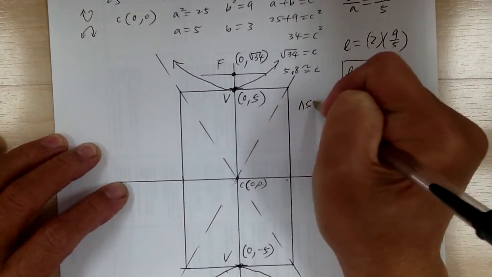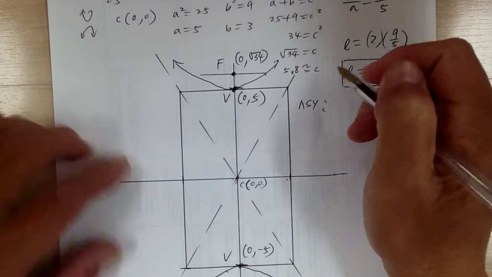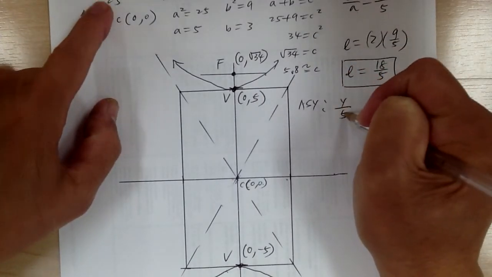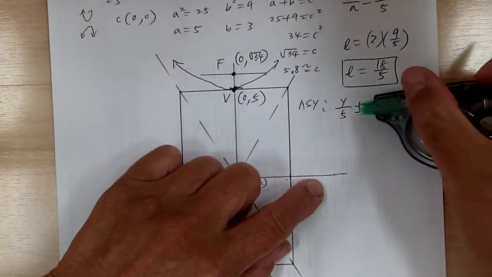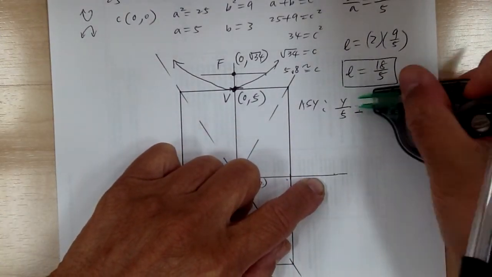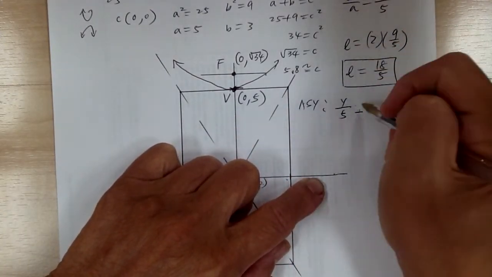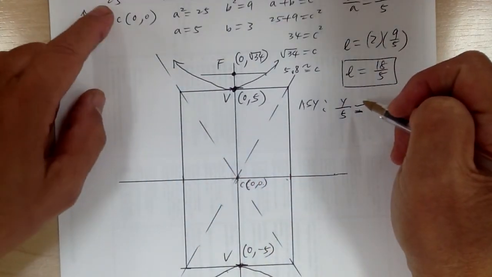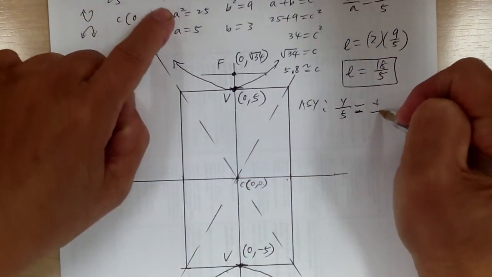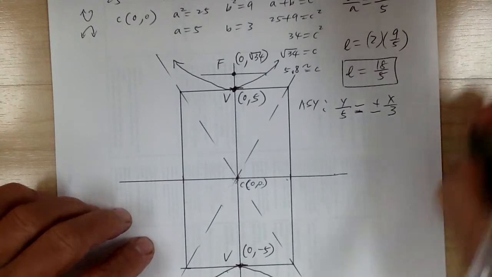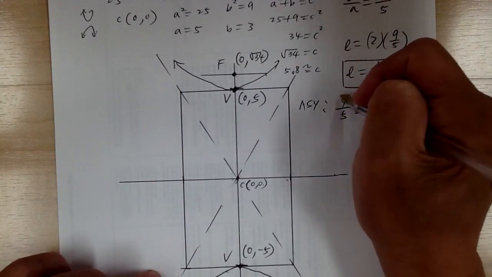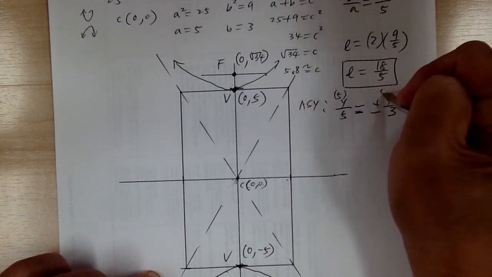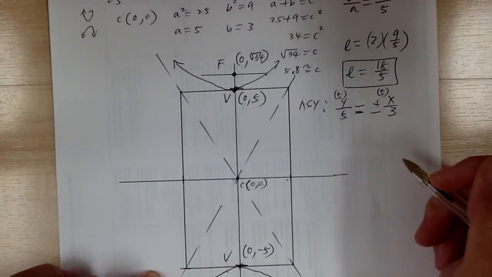And the asymptotes, the equation of the dashed lines, would be y over 5 equal to plus or minus x over 3. Okay. And normally you want to keep it in terms of y, so just multiply by 5. So you can put it in slope intercept form.